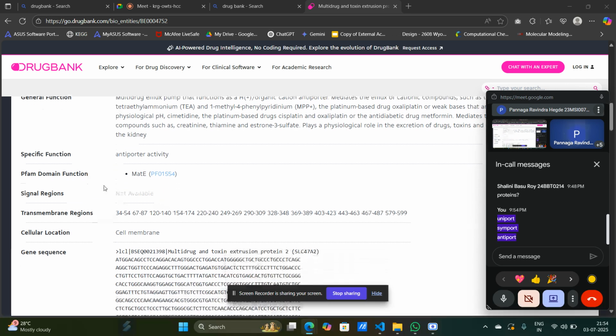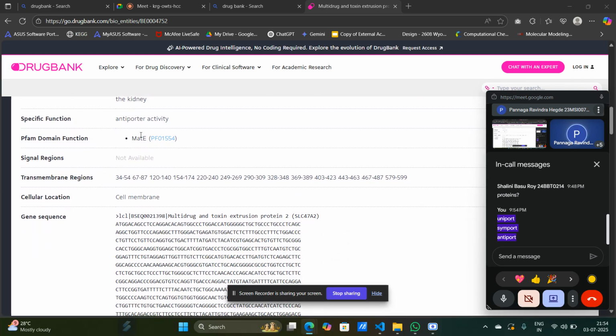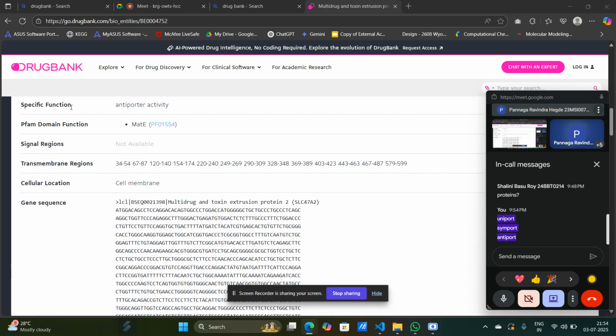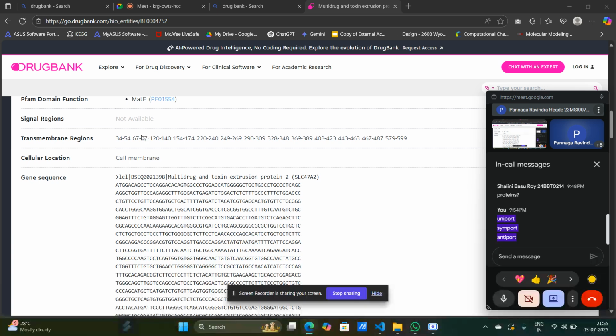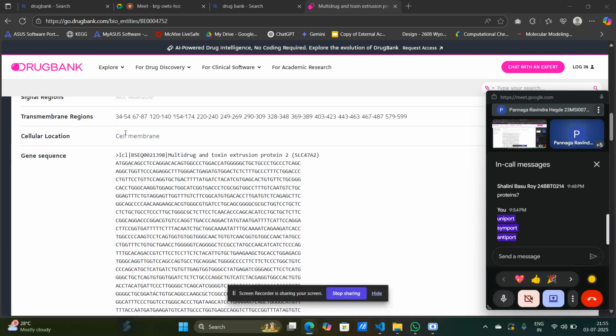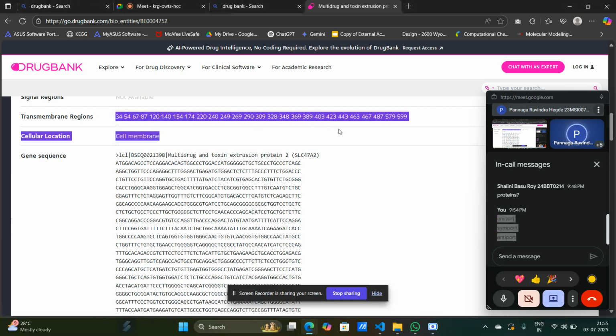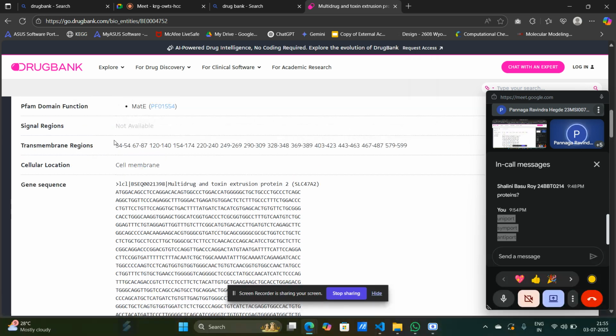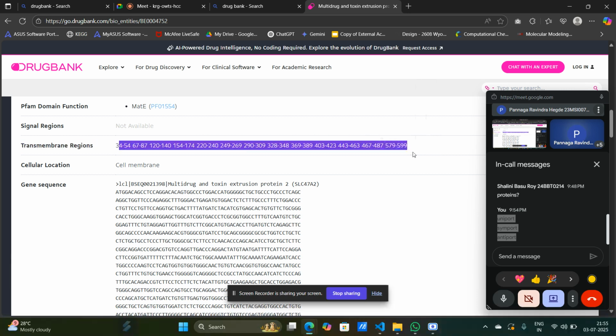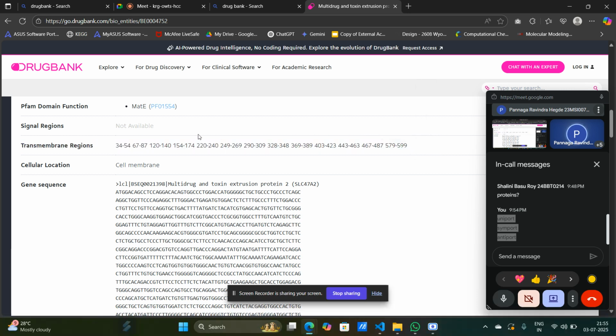And then you have the domain specific to the function, and then whatever data is not available, you just don't have it. So it is simple. And again, the region of the transmembrane where this protein is present is written here. And even I don't know how to interpret this exactly.